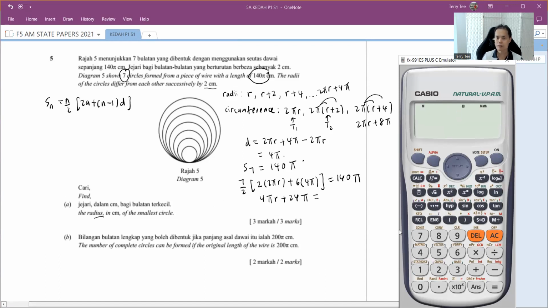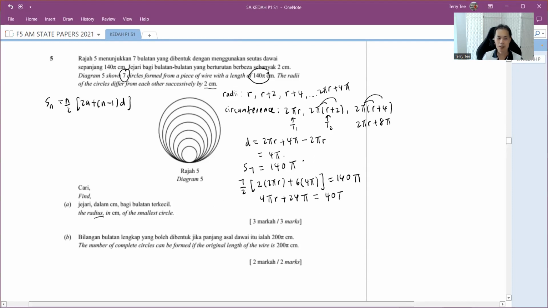So this is now 40 pi. And I can still simplify this by dividing everybody by 4 pi. So r plus 6 is now 10, and my r is 10 minus 6. The difference is 4. That means the radius of the smallest circle is just 4.